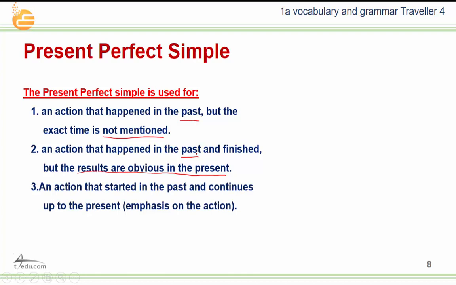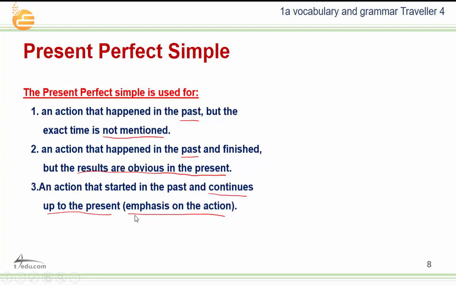Number 3, an action that started in the past and continues up to the present. If an action continues up to the present, we can use present perfect simple and present perfect continuous.